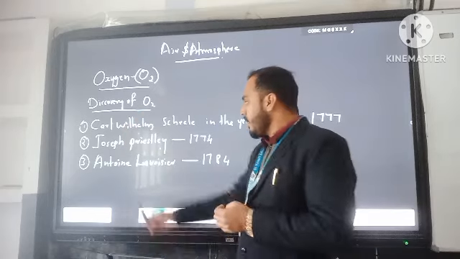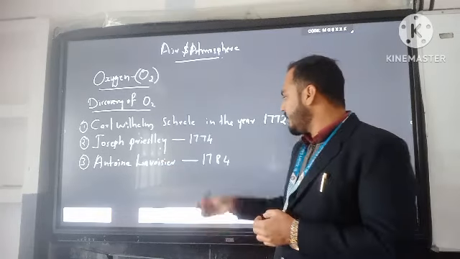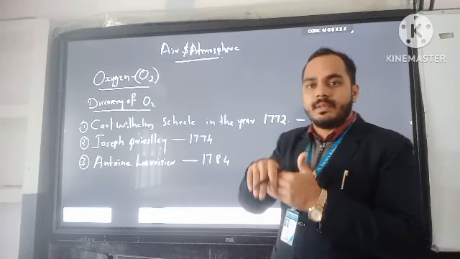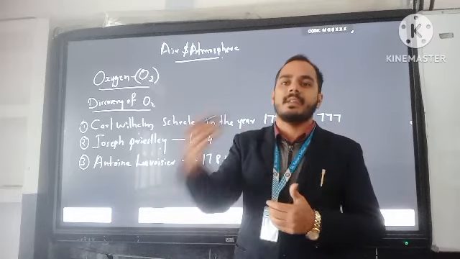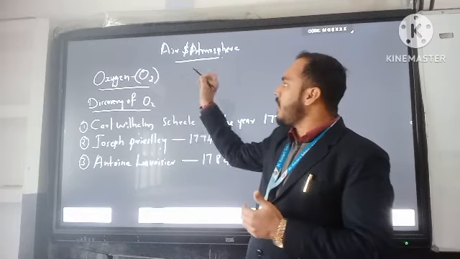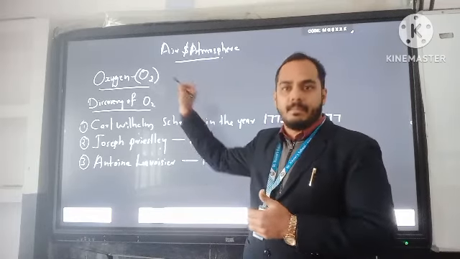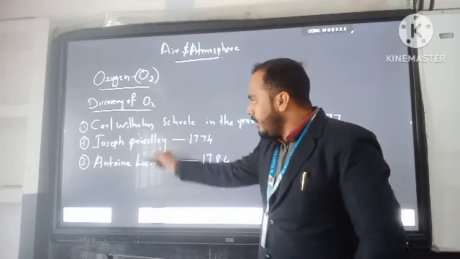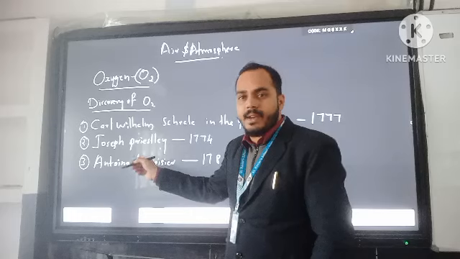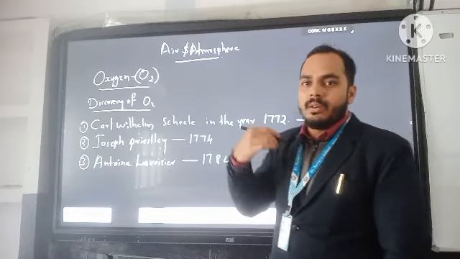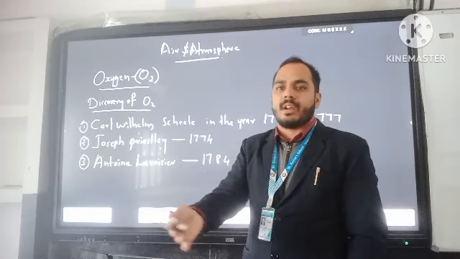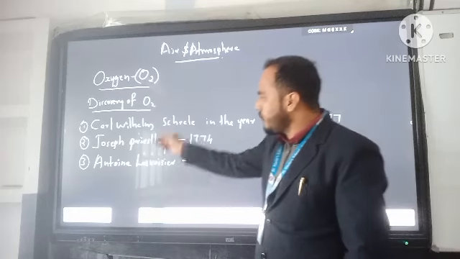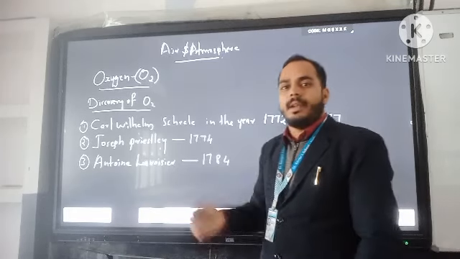And finally, Antoine Lavoisier, in 1784, discovered and identified and gave the name of the element, that is oxygen, and gave the symbol O. Okay, so in this way, different scientists discovered it and experimentally tried to give proof about oxygen, and the first two failed to give the name although they identified the gas.